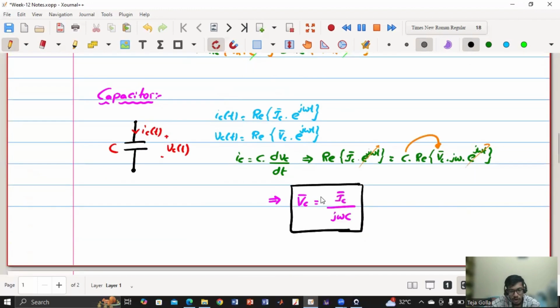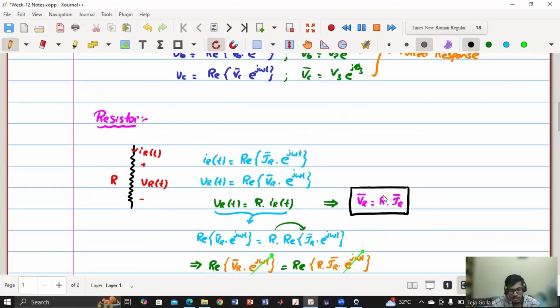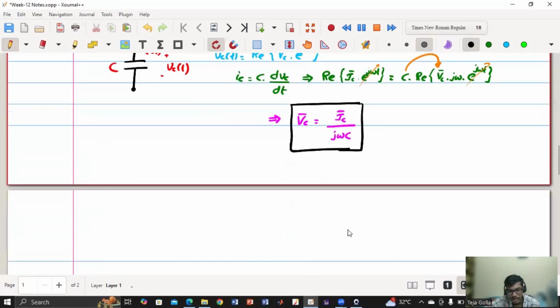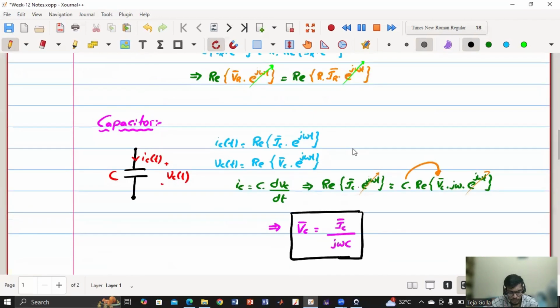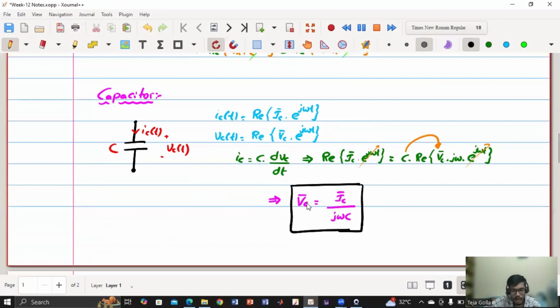But now, because we are converting everything into phasors, we are directly getting VC bar equal to some complex number into IC bar. So it is just similar to a resistor, but here we have R, and here we have 1 by j omega C. Now I can solve everything in phasors directly. That we'll understand once we go to the problem solving session.